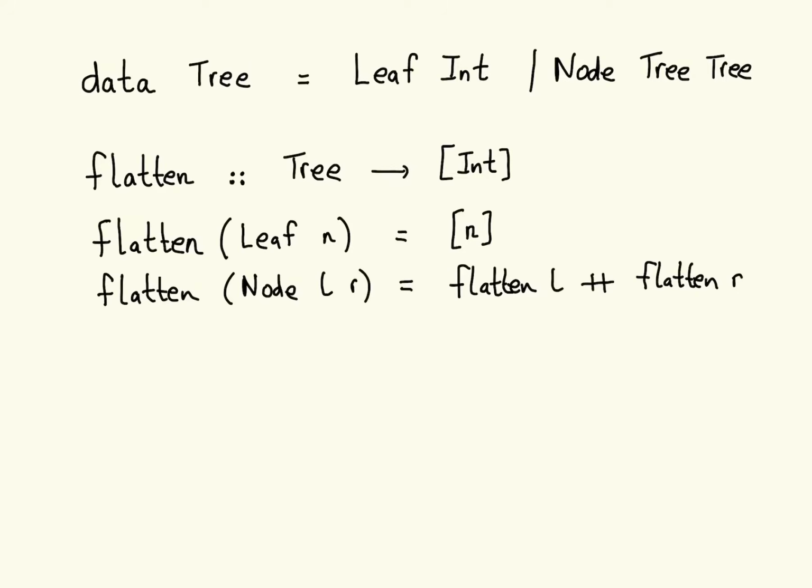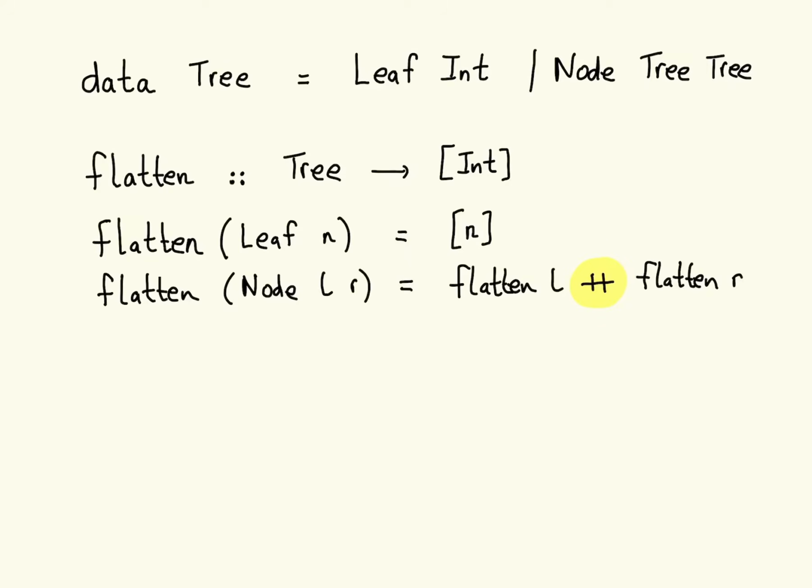So again, nice, straightforward, easy two-line definition for flattening a binary tree of this form. So this is a very natural definition. This is kind of the obvious definition which you'd write down for how to flatten one of these trees, but it's also inefficient due to the use of the append operator.